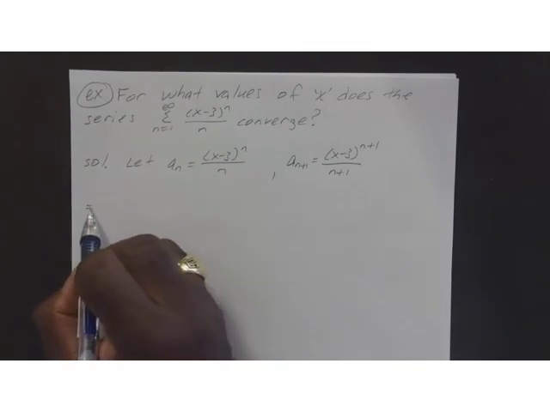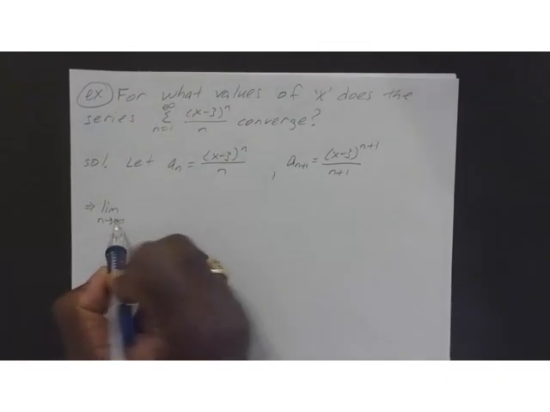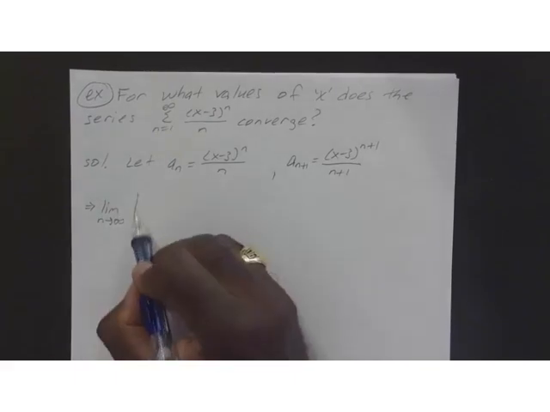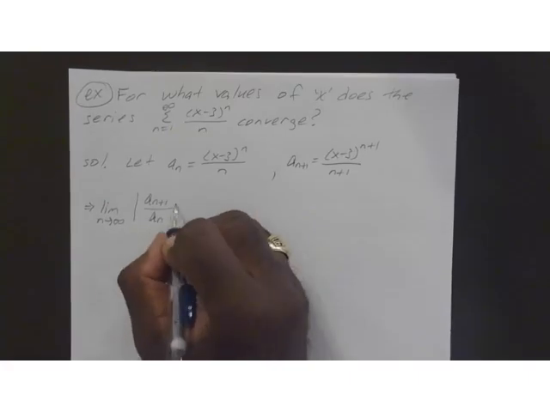Okay, so we know for the ratio test, we have the limit as n approaches infinity of the absolute value of a sub n plus 1 divided by a sub n.